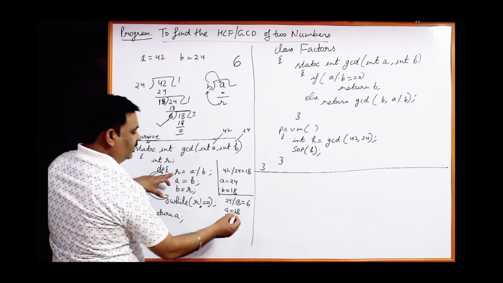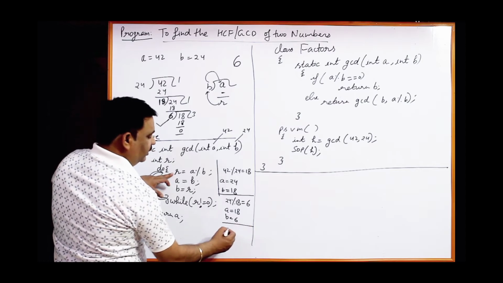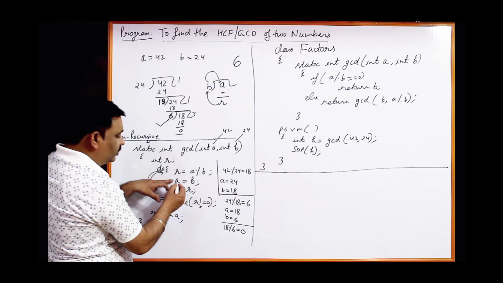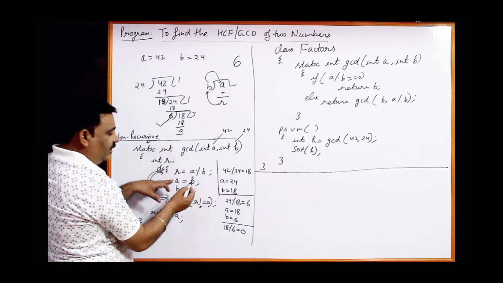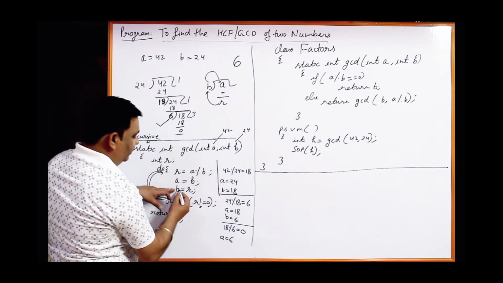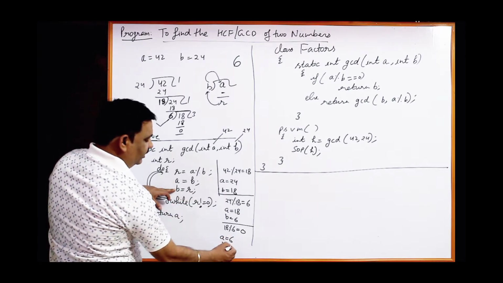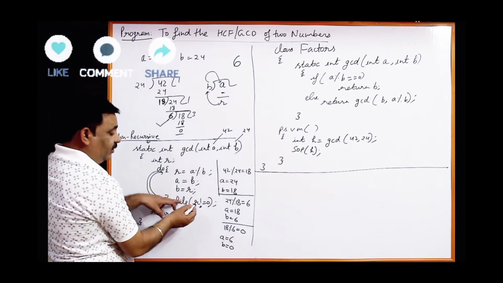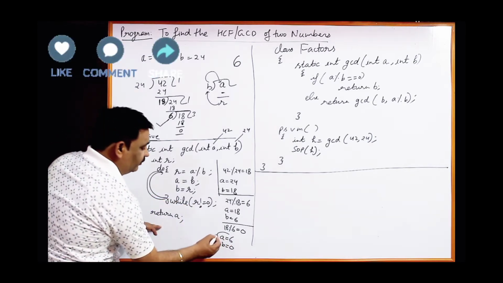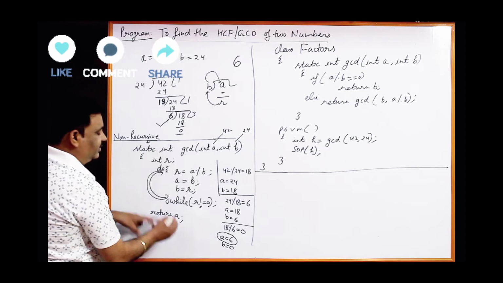Next time A modulus B means 18 modulus 6. This time 18 modulus 6 will be 0, but these two statements will still execute. So A will become 6 and B will become 0. Here R and B are both 0 and the loop will terminate when R becomes 0. So finally we return the value of A, that is 6.